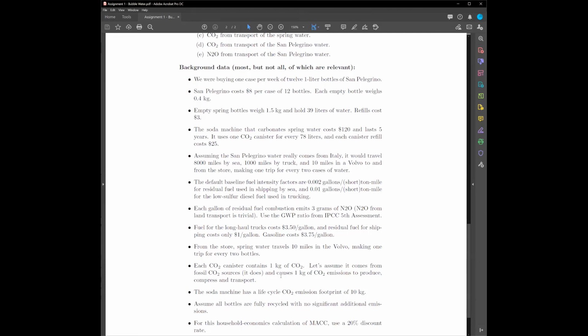Then I divided by the 10 miles that's being driven, so that you'd get the gallons of gas per mile. I don't actually know if I needed to do that. Then I multiplied the gallons per mile by the metric tons of CO2 per gallon of gas.